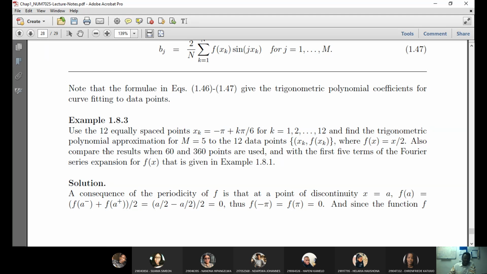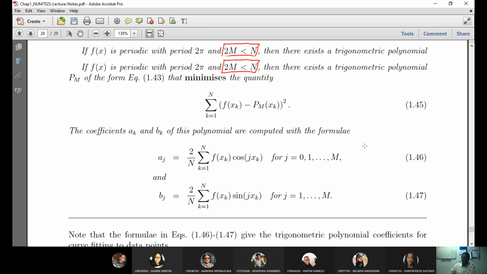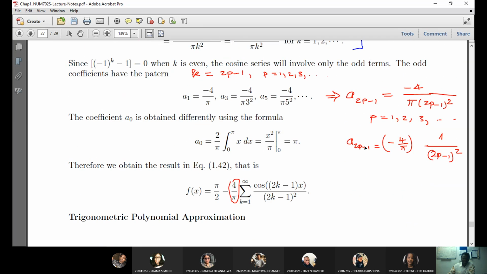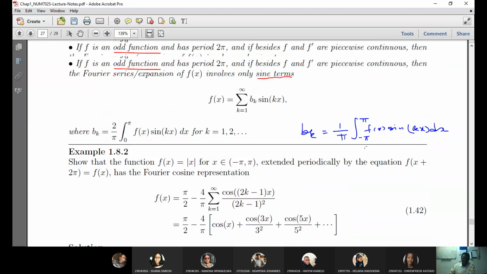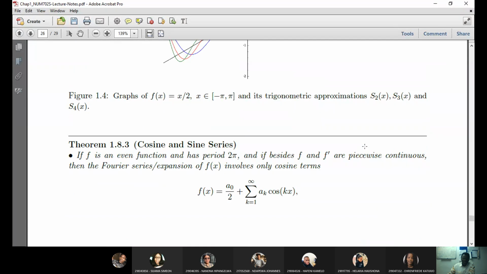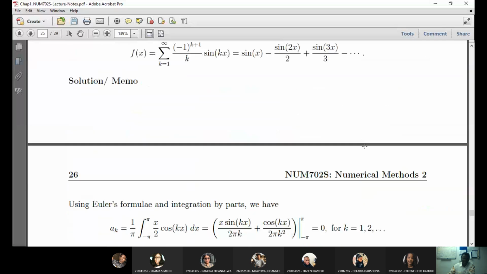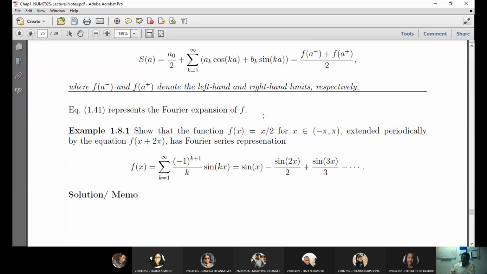We want to use that to find a trigonometric polynomial approximation for capital N equal to 5, to fit this set of data points, when our function f(x) is given by x/2. We dealt with this one previously, f(x) equals x/2. Remember this.